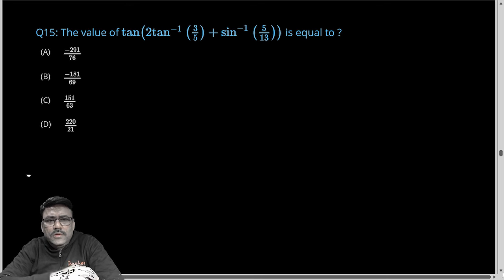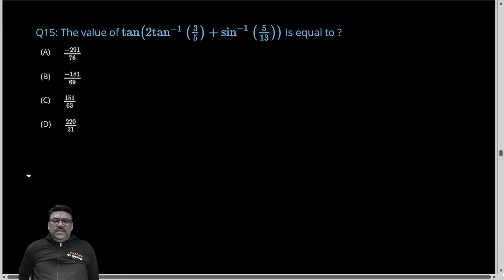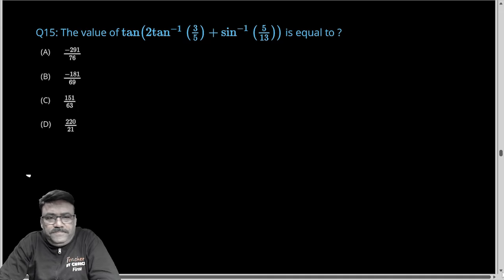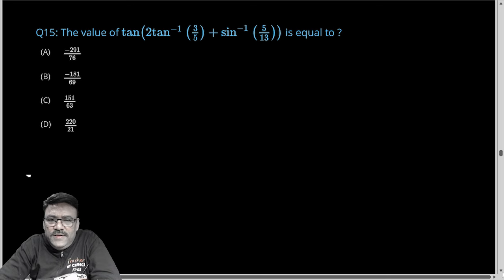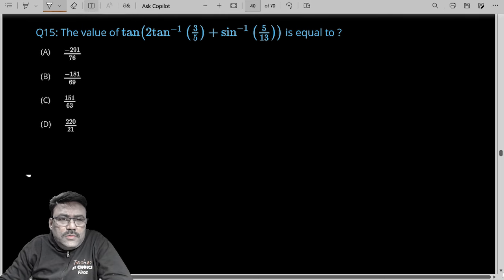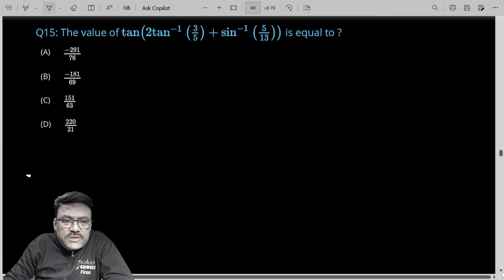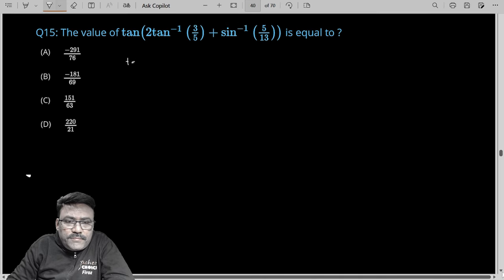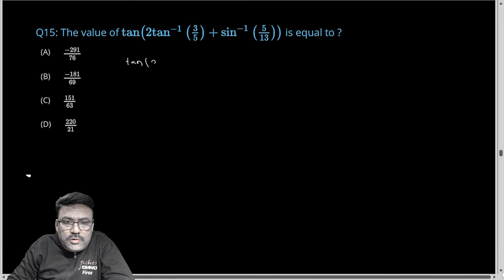Okay, let's see this question now. This is from ITF. Tan of 2 tan inverse 3 by 5 plus sine inverse 5 by 13. You have to get the value of this expression, right? So I can write this expression as tan of 2a plus b.